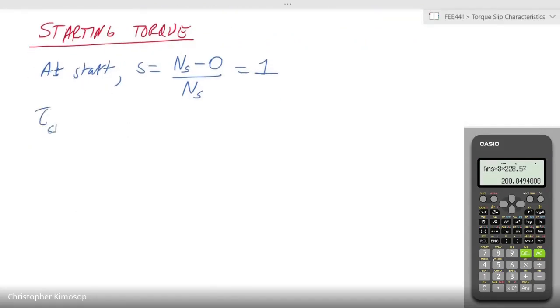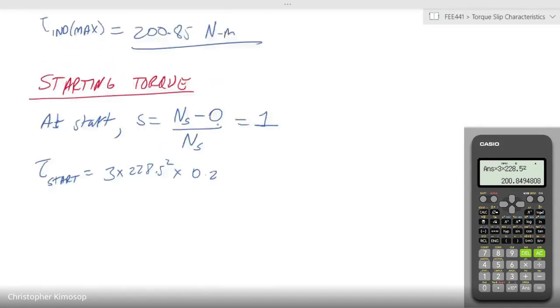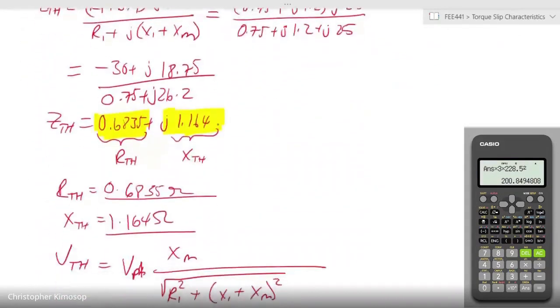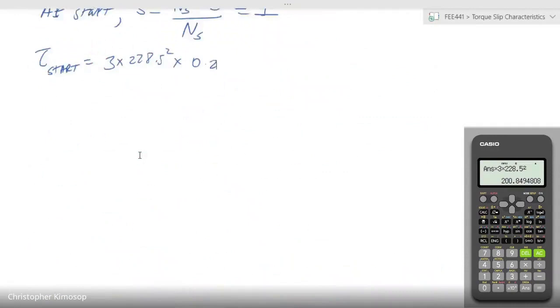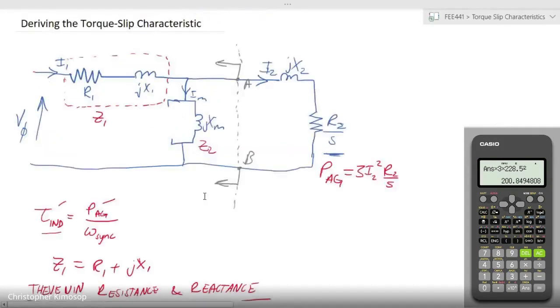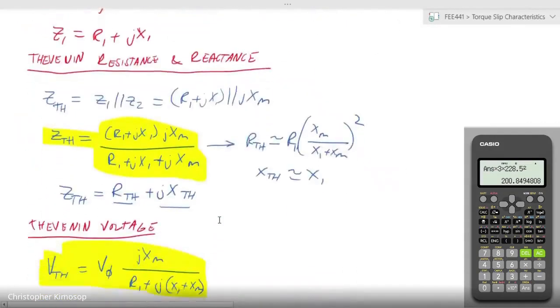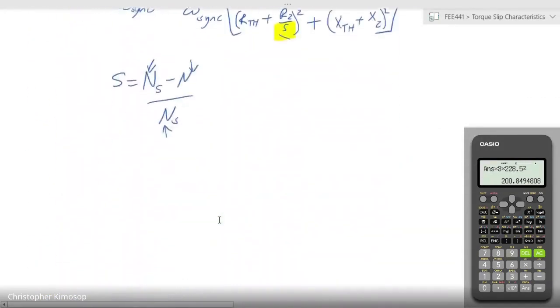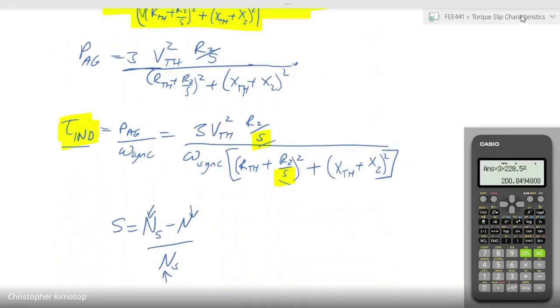So torque at start is equal to 3 times Thevenin voltage squared, which is 228.5 squared, times R2, which is 0.2, over here's our formula again, omega sync times all of those.